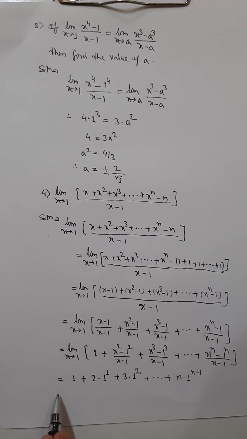Note that 1 to any power is 1, so we get 1 plus 2 plus 3 plus up to n, since 1 to the power n minus 1 means 1. We know the formula for the sum of the first n terms, which is given by n into n plus 1 divided by 2. So this is the limit of this fourth problem.